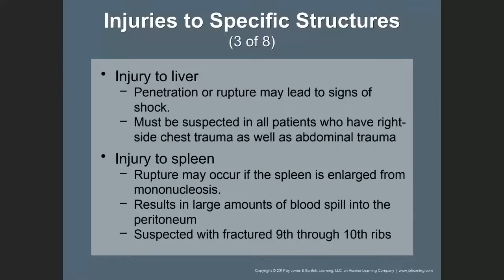Injury to the spleen: rupture may occur if the spleen is enlarged from mononucleosis, and results in large amounts of blood spilling into the peritoneum. Suspect it with fractured 9th through 10th ribs.